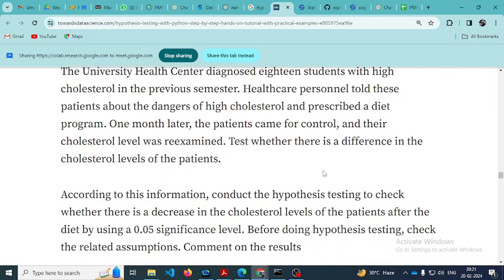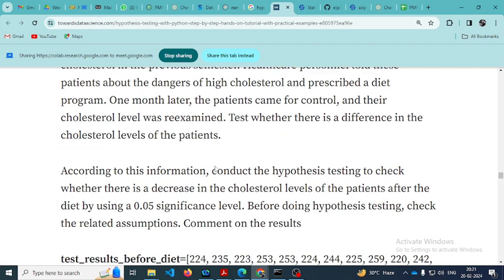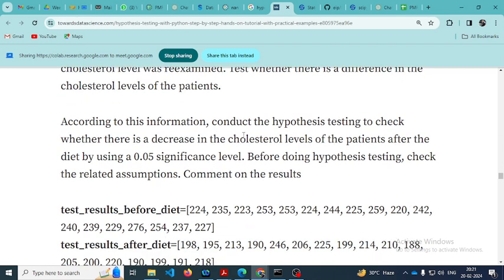One month later, the patients came for control, and their cholesterol level was re-examined. We need to test whether there is a difference in the cholesterol levels of the patients. According to this information, conduct hypothesis testing to check whether there is a decrease in the cholesterol levels of the patients after diet, using a 0.05 significance level.